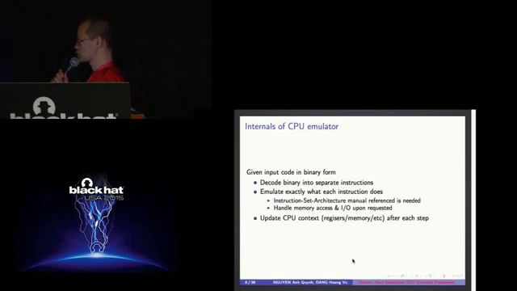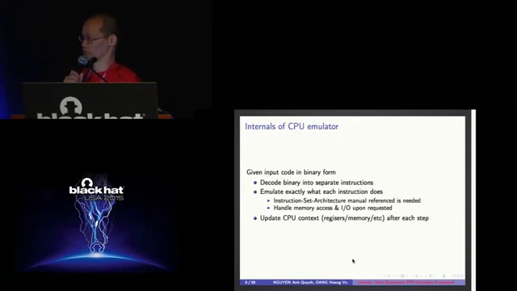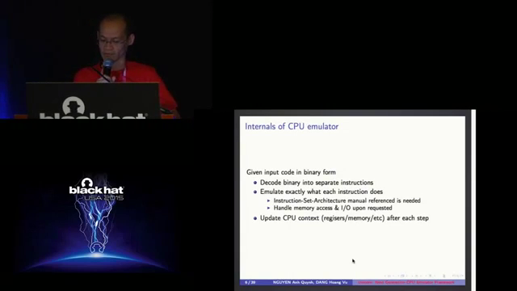Okay, so how does the emulator work inside? Given the input code in binary form, the emulator will decode the binary into instructions for the architecture you choose. After that, for each instruction, it emulates the instruction to do exactly what it does on the physical CPU.